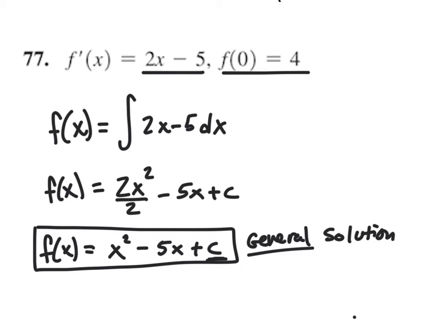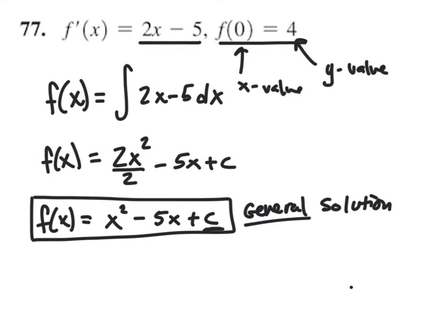So what I have now is an x value of 0, that's my x value, and then I have a y value of 4, my function value. So I'm going to plug these values into my antiderivative and solve for c. I have an x and I have a y value, my function value. So let's go ahead and do that.